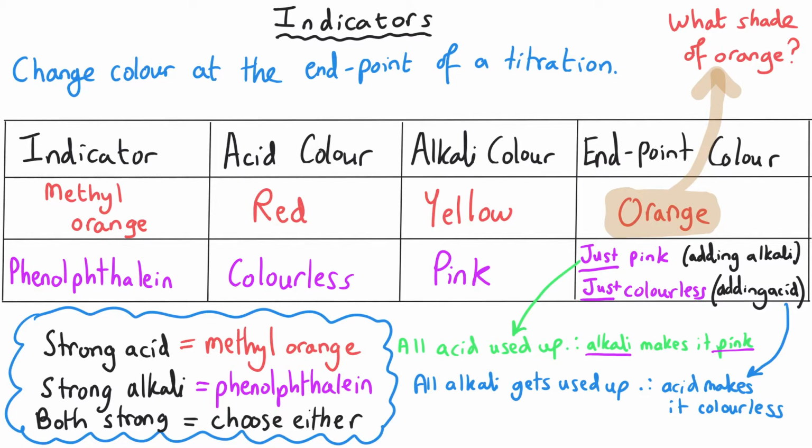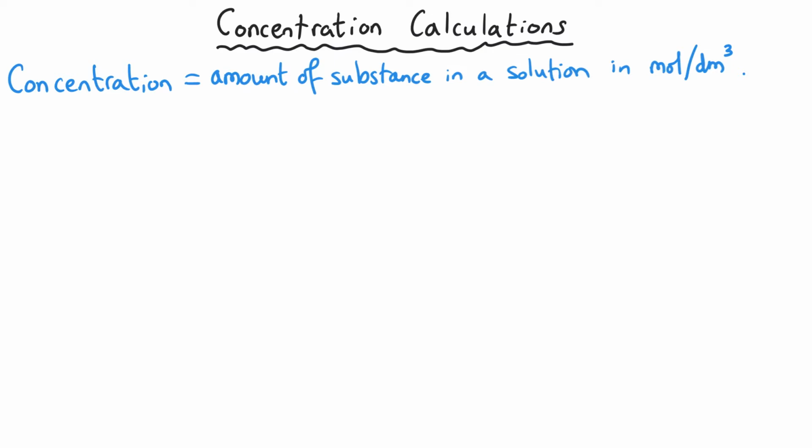When you analyse a titration, we are obviously going to have to do some calculations involving concentration. Remember, concentration is an amount of substance in a solution, and it's measured in moles per cubic decimetre.